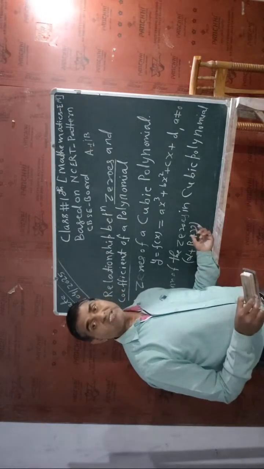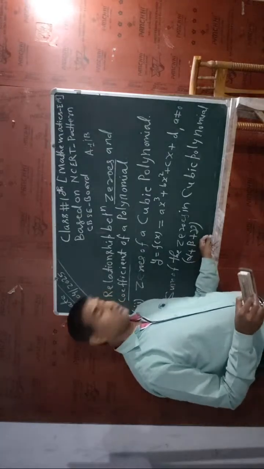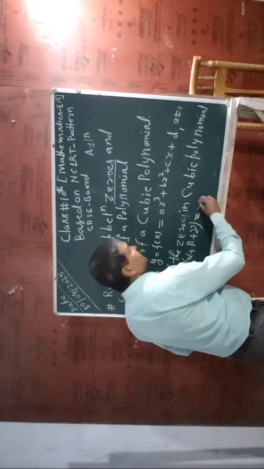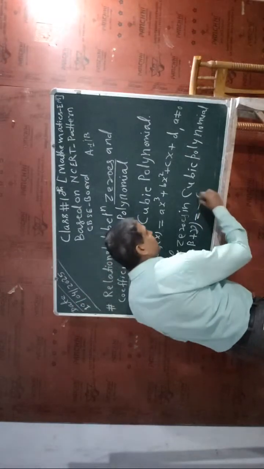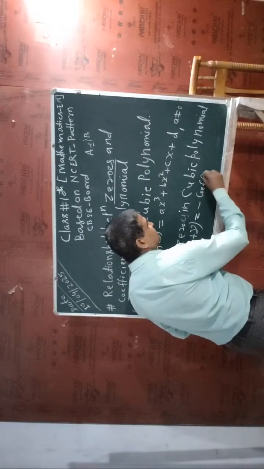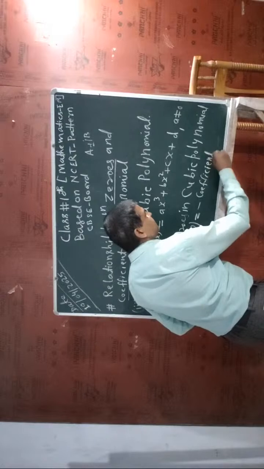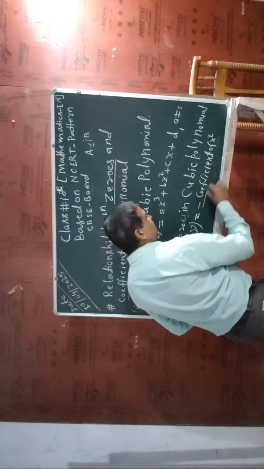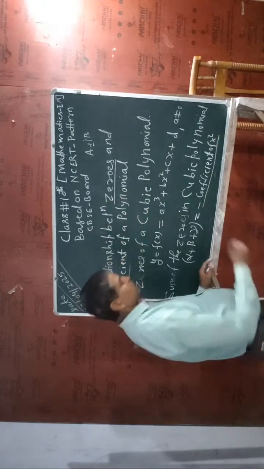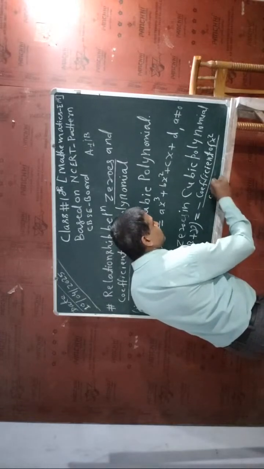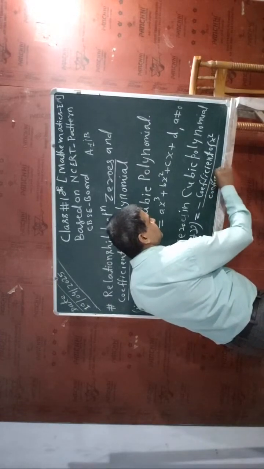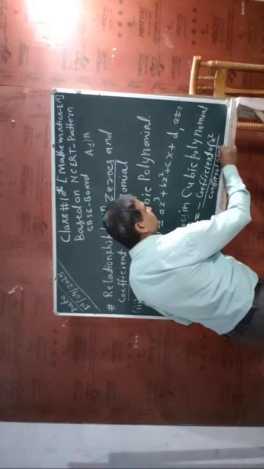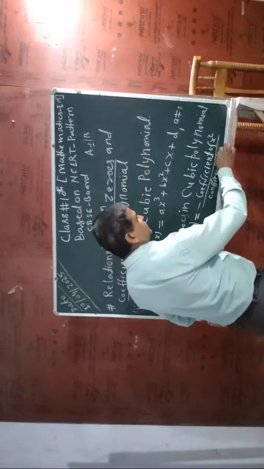So in the first case, I will take the sum of these three roots. It will be minus coefficient of x square divided by coefficient of x cube.